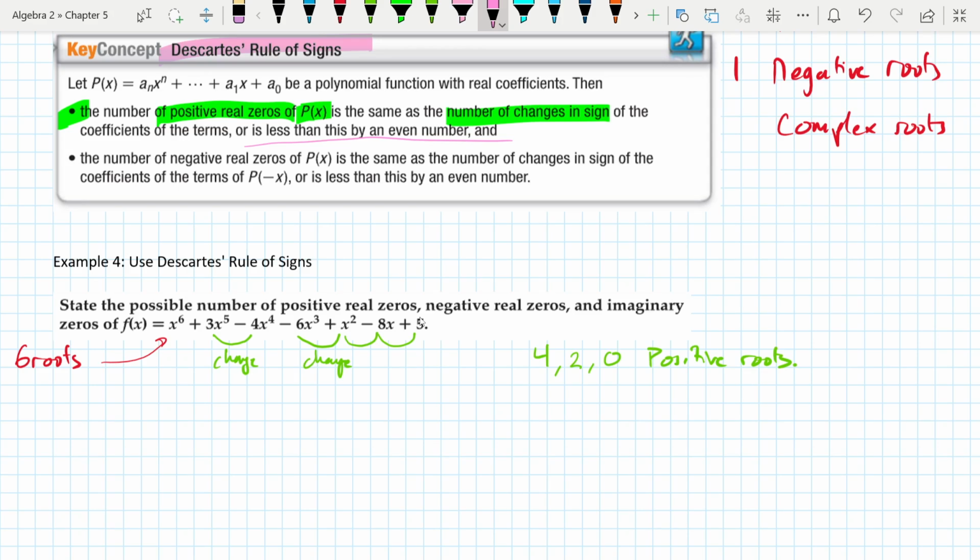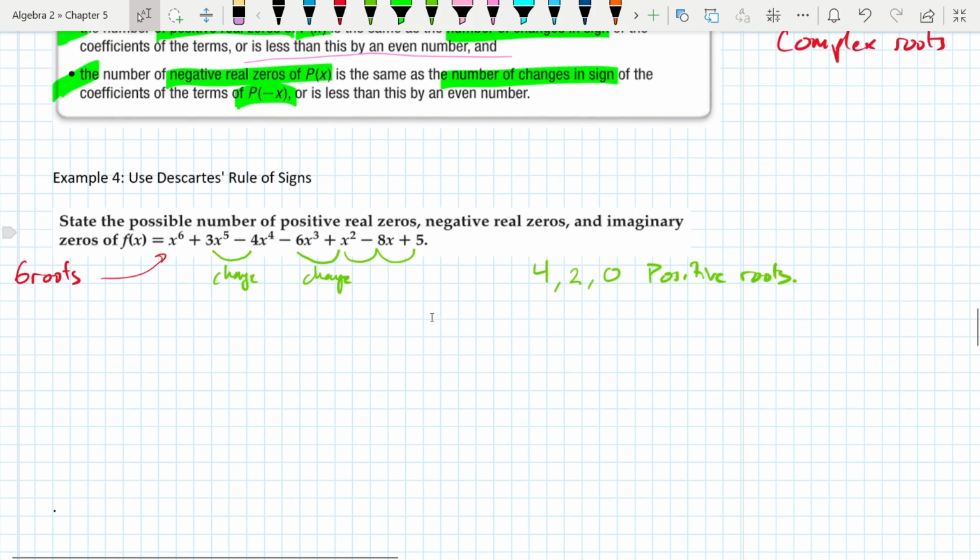Okay, the next one is the tricky one: the number of negative zeros. Now we're looking for the negative numbers of this function. It's the number of sign changes again, but this time we have to plug in f of negative x, and that's where it gets tricky. So I'm going to take my function f of x, and everywhere I see an x, I'm going to plug in a negative x.